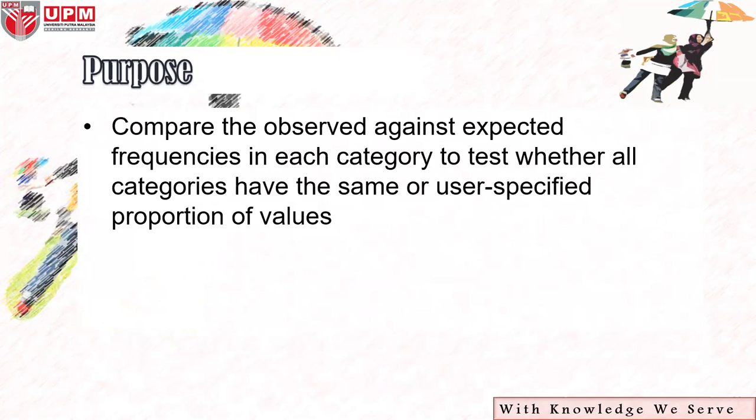So the purpose is to compare the observed against expected frequencies in each category, to test whether all categories have the same or a user specified proportion of values. Basically the expected refers to the previous or existing data that we have.